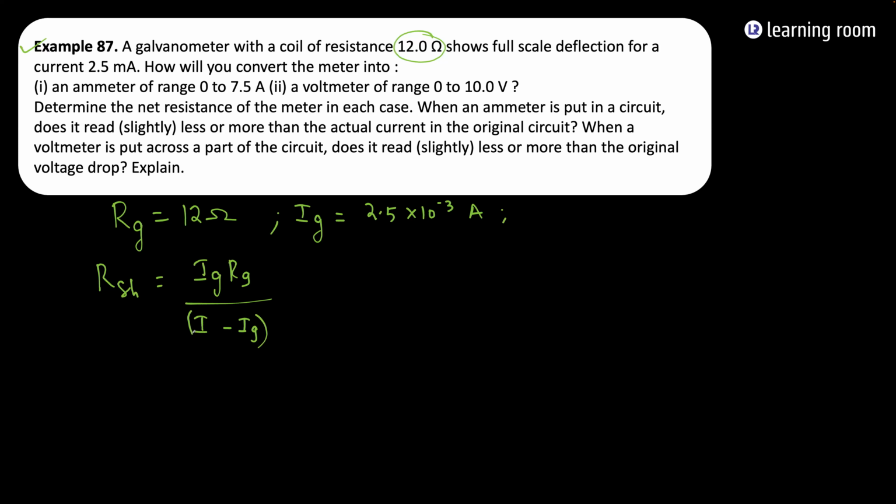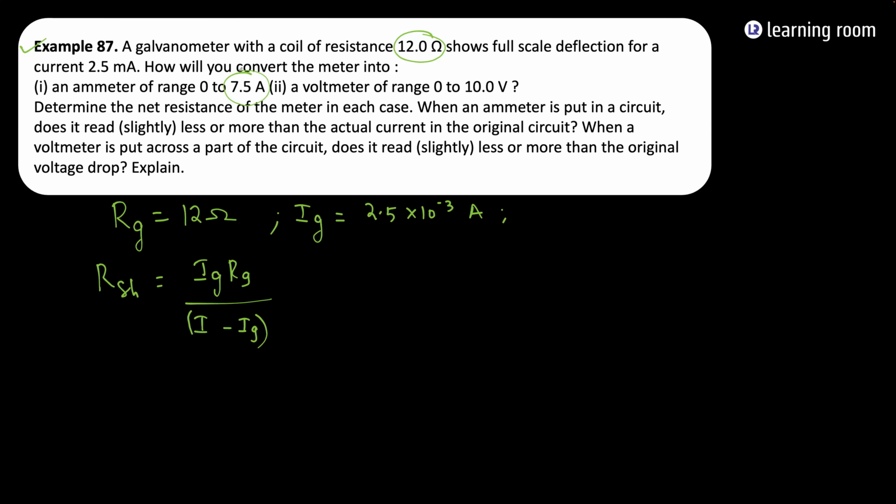Galvanometer and the shunt resistor are in parallel. The voltage is Ig into Rg, and the current through the shunt is I minus Ig. Rearranging it gives this equation. I minus Ig is always in the denominator. Do you have all the data in your hand? You have Rg, you have Ig, all you need is the value of I that is given here.